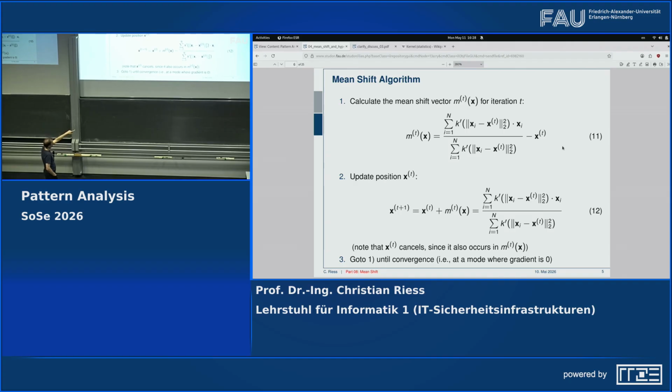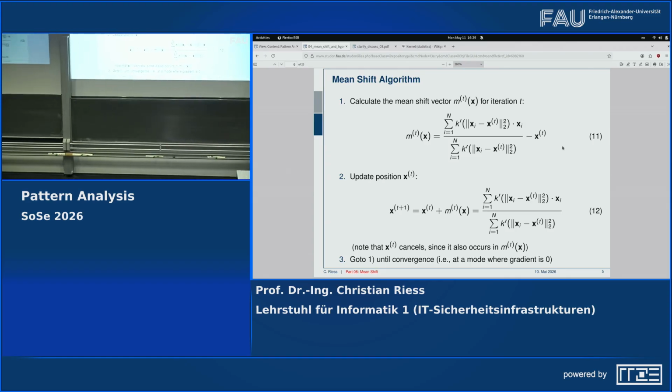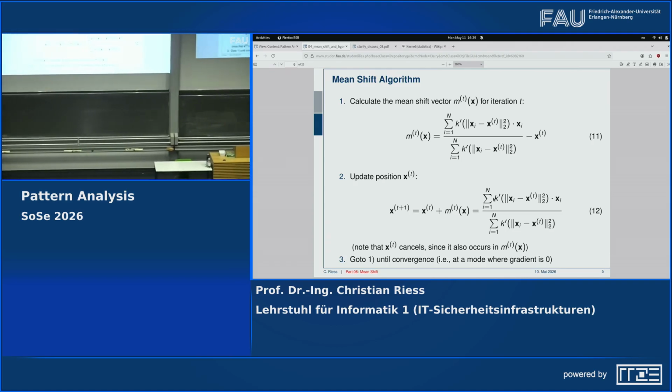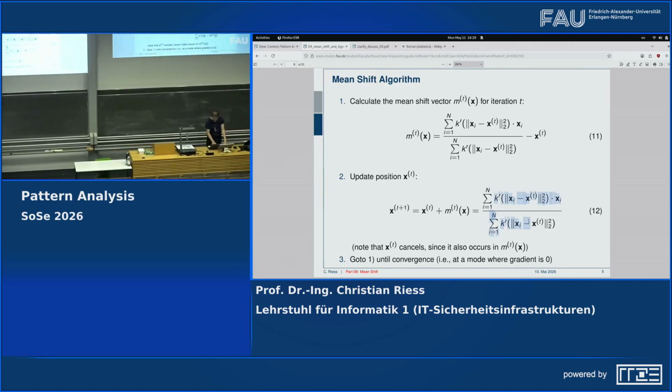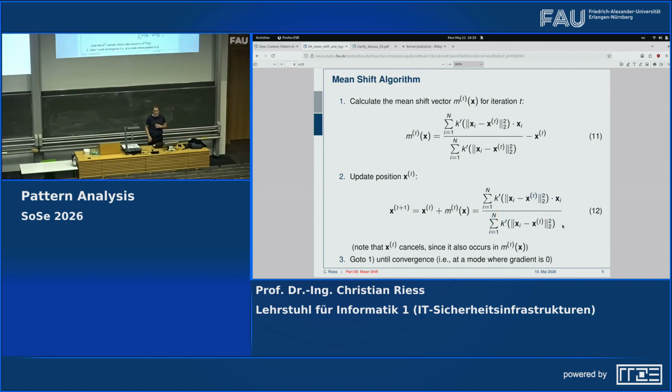We only have this gradient of our kernel profile here on the right-hand side that needs to be evaluated. This expression.